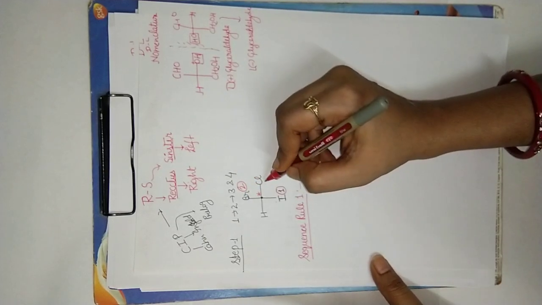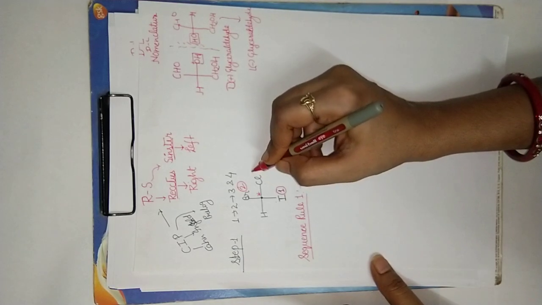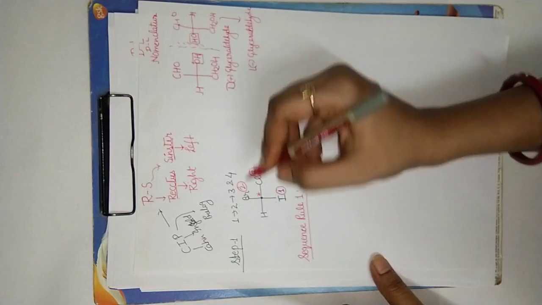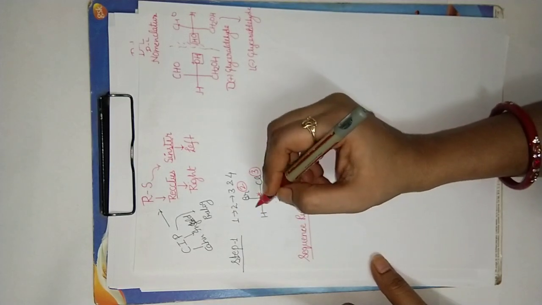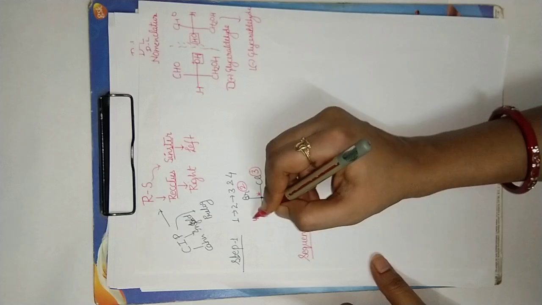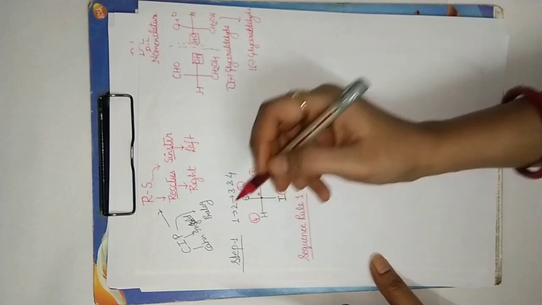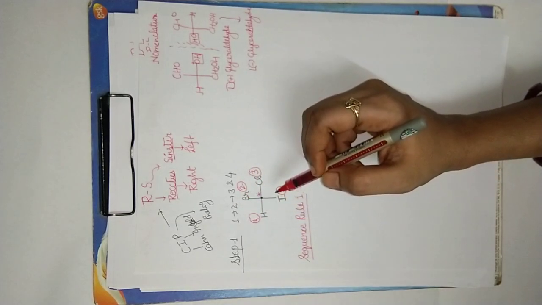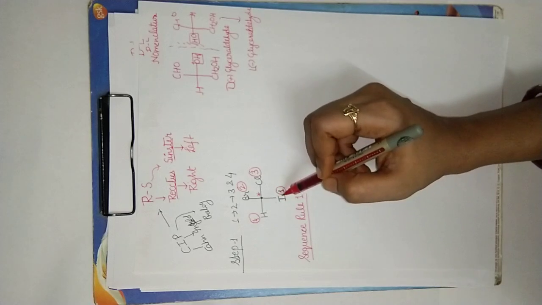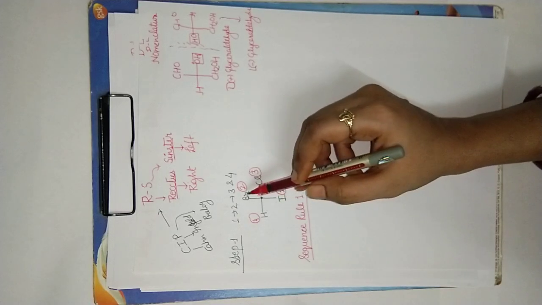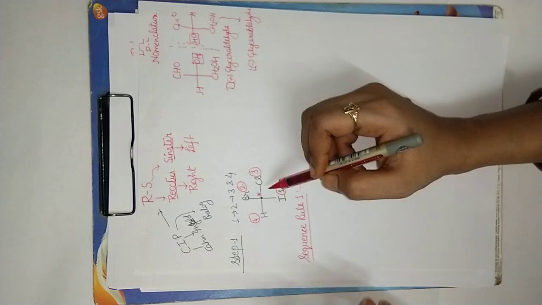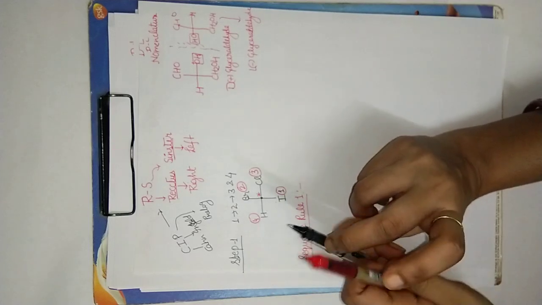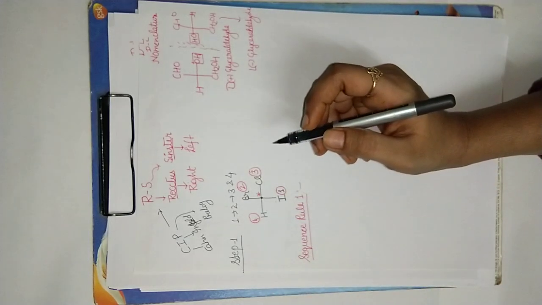And Cl has atomic number 17, so this one will get number 3, and H is the lowest priority, which always gets priority number 4. Okay students, as we know that the atomic number of iodine is much greater than bromine and then Cl. Then what is the conclusion?